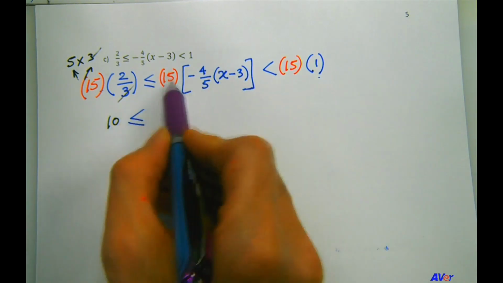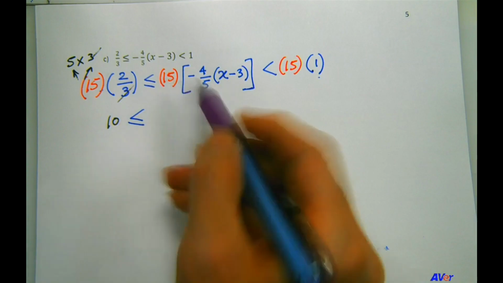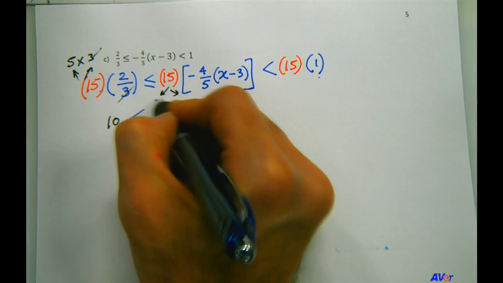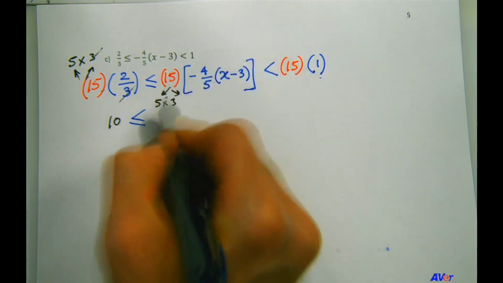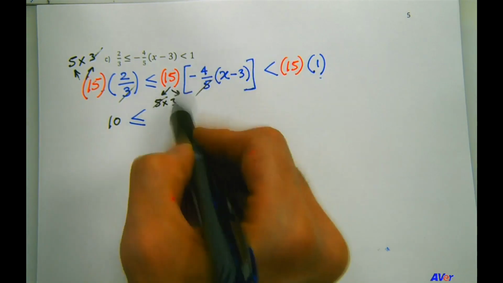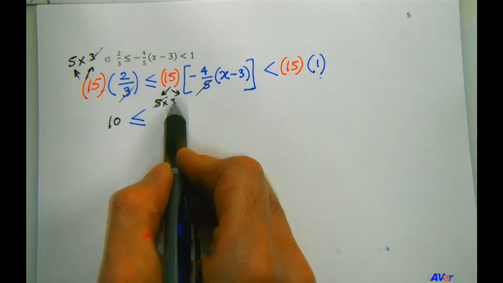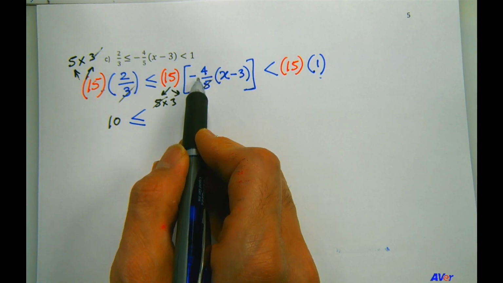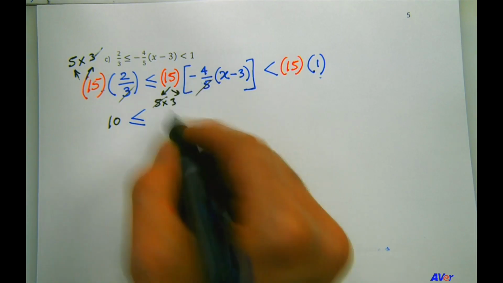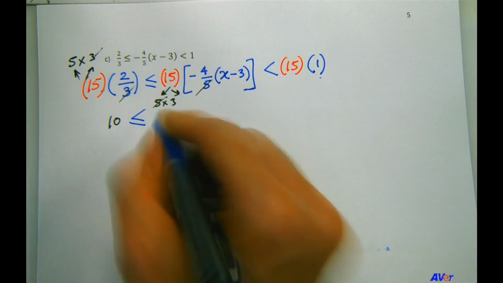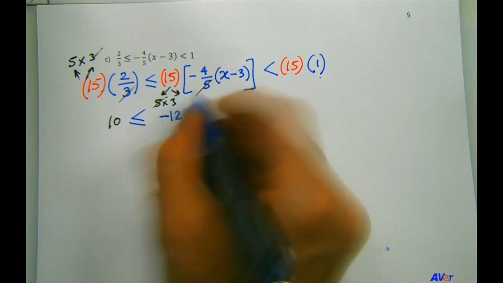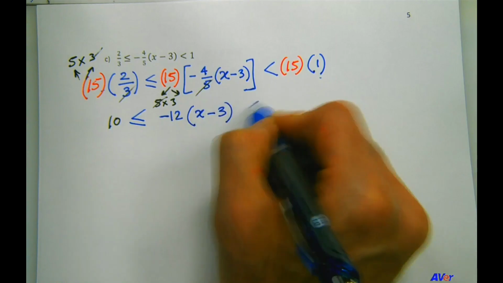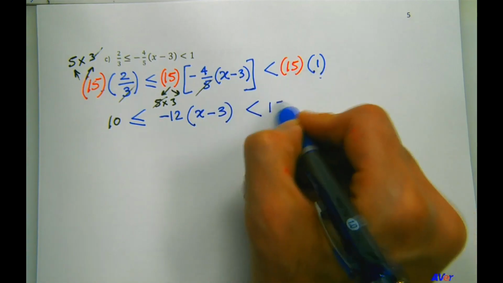We can simplify this by saying that 15 has factors 5 and 3. This 5 and that 5 cancel each other out. We're left with 3. 3 times minus 4 is minus 12. Right? So minus 12, after simplifying, times x minus 3, less than 15 times 1 is 15.